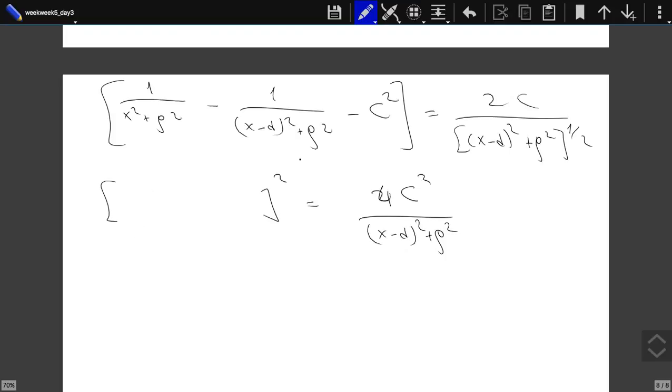Well, let me just combine these factors for the time being. I would get ((x minus d) squared minus x squared) divided by ((x minus d) squared plus rho squared)(x squared plus rho squared), minus c squared. All of this thing squared should be equal to that one.